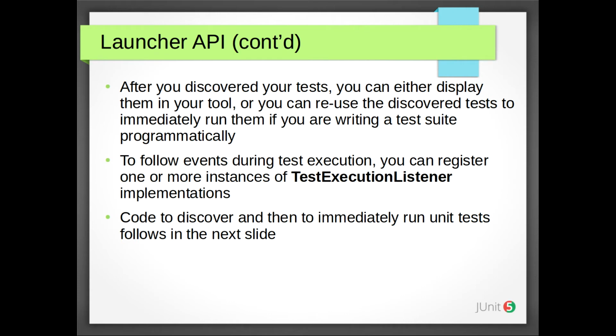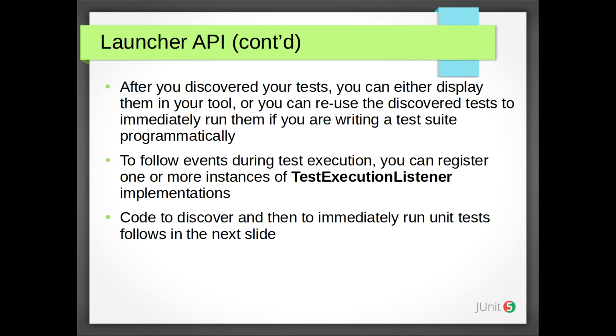If this parameter is missing and you encounter some error, test discovery will not proceed further. After you discover your tests, you can either display them in your tool, or you can reuse the discovered tests to immediately run them if you're writing a test suite programmatically. To follow events during test execution, you can register one or more instances of test execution listener implementations.